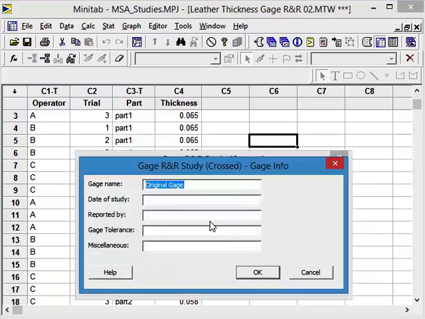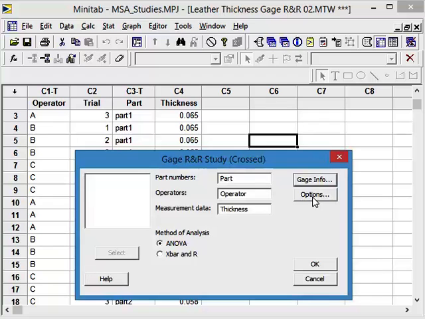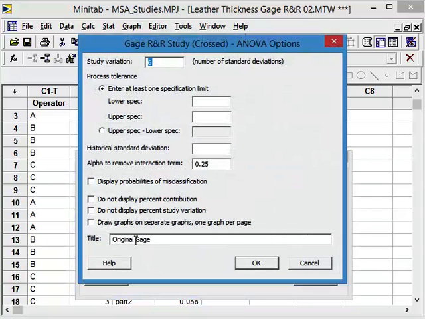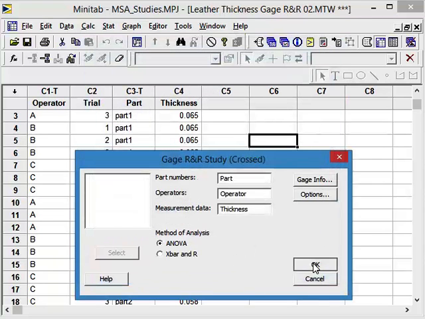All right, gauge info, and this is the improved gauge. And options, this is our improved gauge. And let's conduct our study and see how it looks.